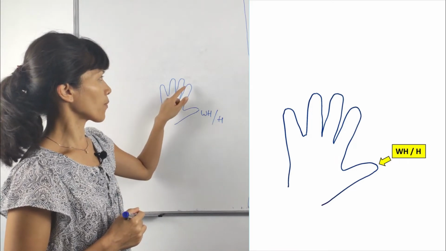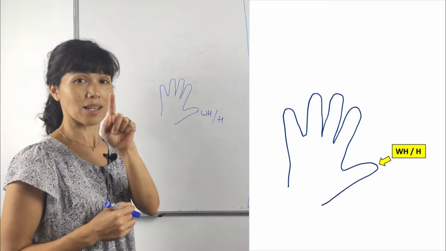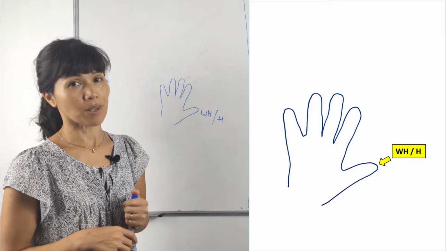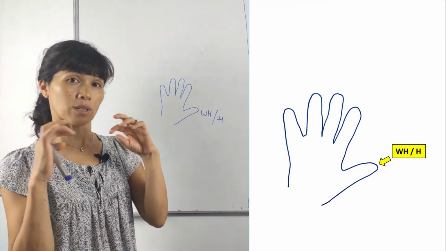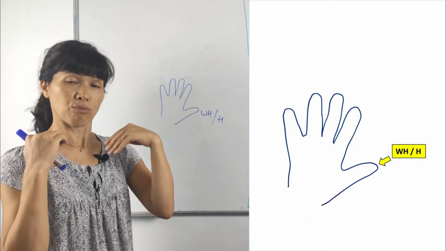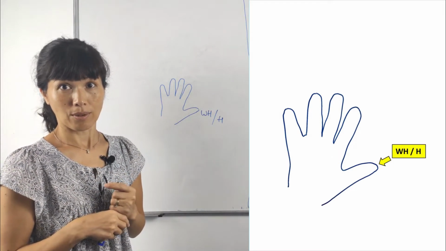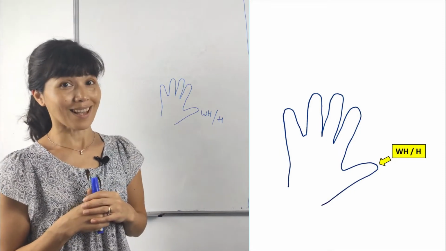Now, the index, what comes on the index? An index is usually used to point. And if you have watched my previous video, before you translate your sentence into English, from your language into English, you have to identify the right tense.